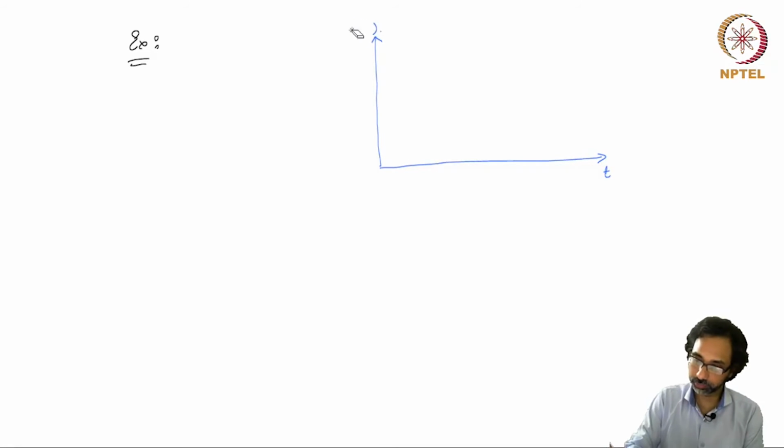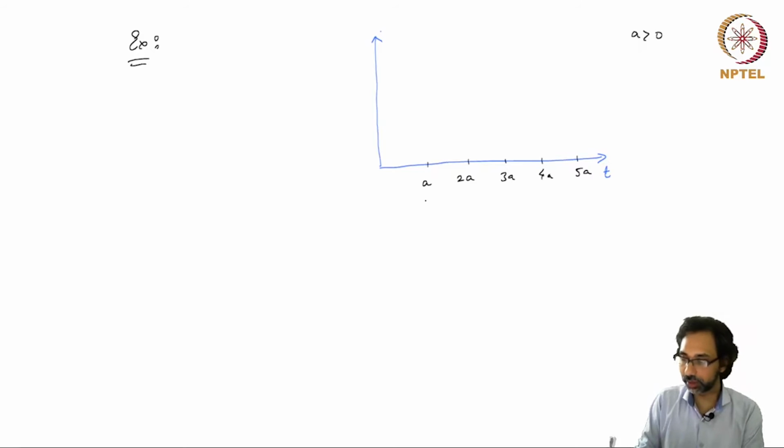So our graph of f(t) will look something like this. So we fix a positive number a, and we can divide our t axis into multiples of a, and so on.